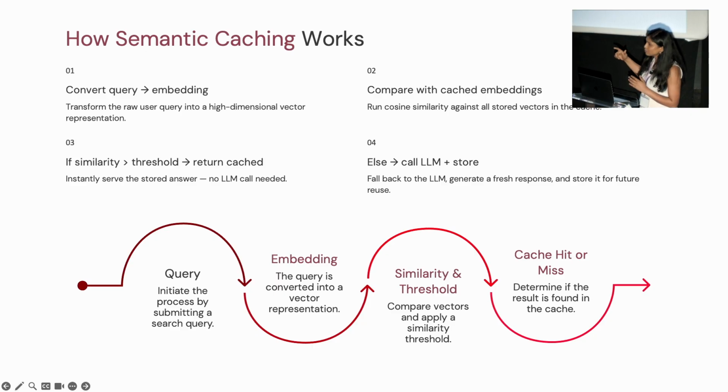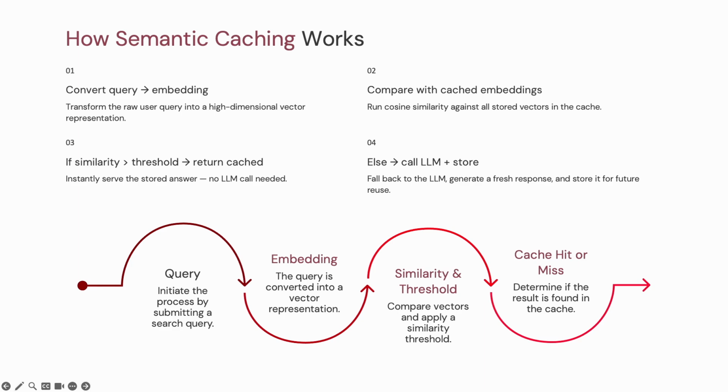We call the LLM and the LLM generates a response, and now instead of just serving the response, we store that response in the cache for future reuse. So over time, the system becomes faster because more similar queries are answered from the cache, not from the model. This is what makes semantic caching more powerful in production systems.